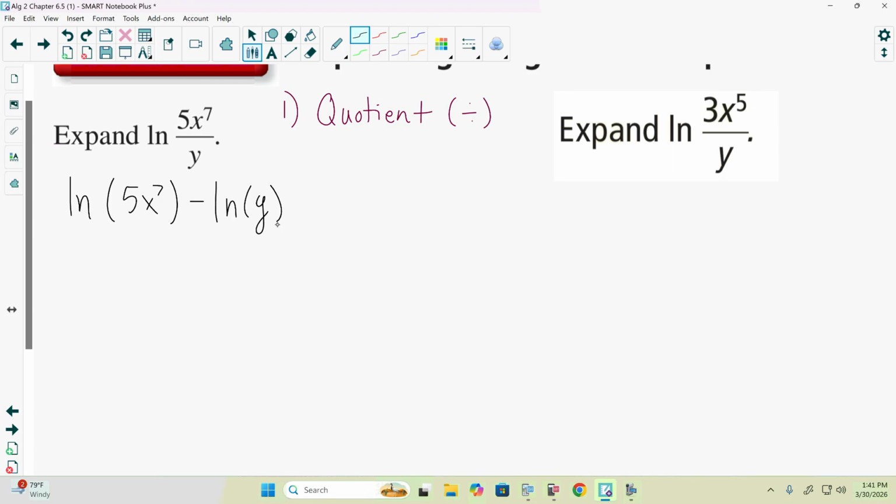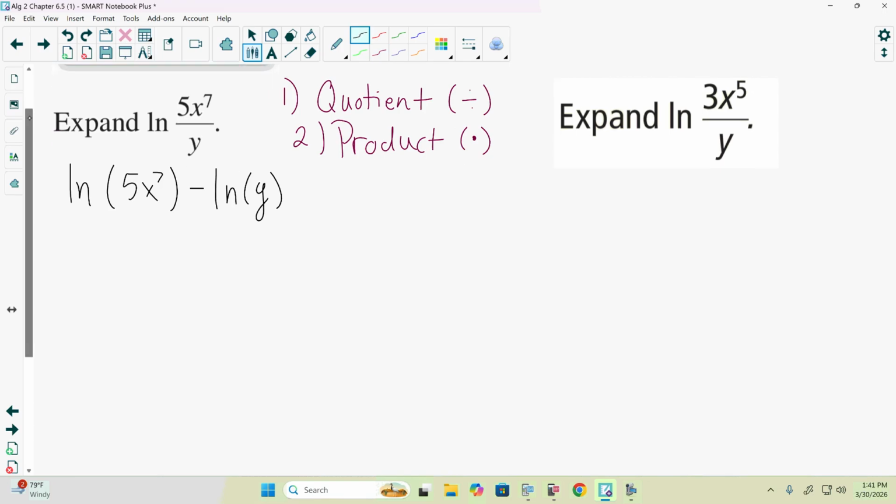So, quotient first. Once we finish doing the quotient, our second one is product, our multiplication property. Looking at this, the second one, the natural log of y, does not have a product. We don't have two or more things being multiplied together, so we don't apply it to that one.